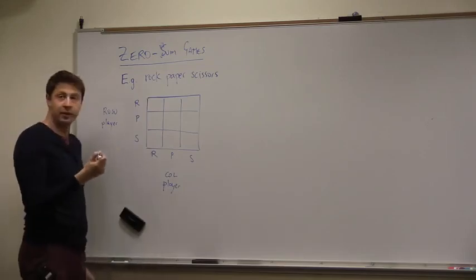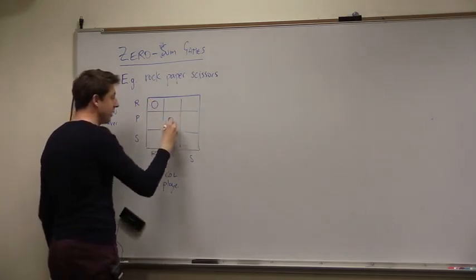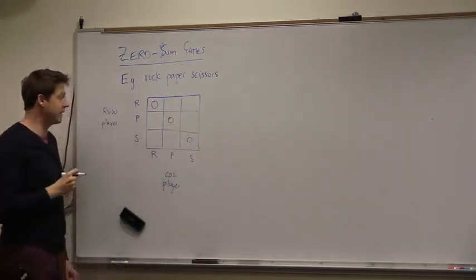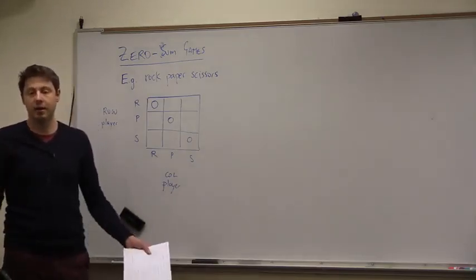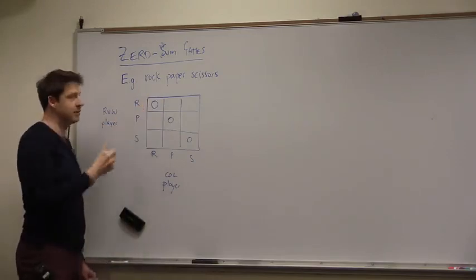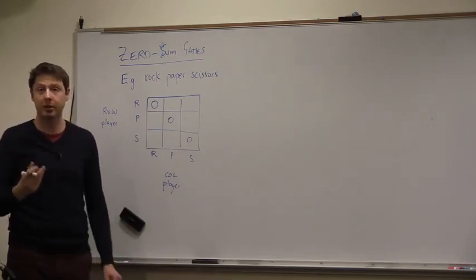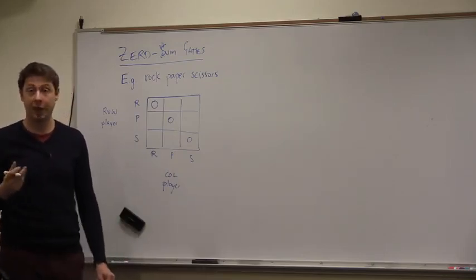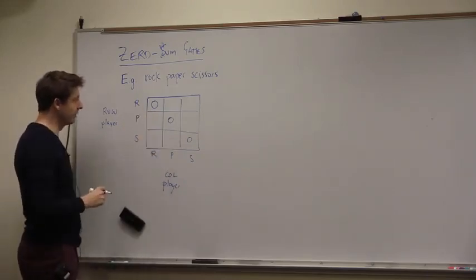So we're going to denote that with a number in this cell, let's say 0. Now, what does 0 mean? This means that the utility of either player is 0. In both cases, neither of them won or lost any units, say they were betting money, any dollars, or any units of happiness. Okay? So that's what happens on the diagonal.